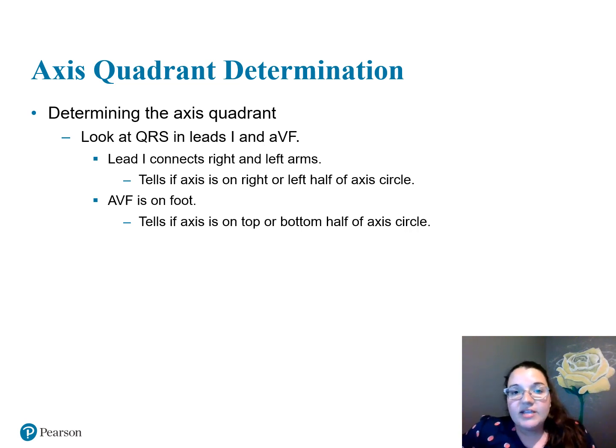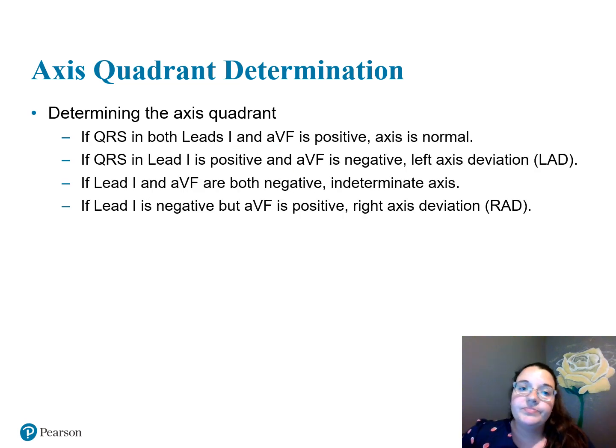Again, you look at the QRSs in lead 1 and AVF. Lead 1 connects right arm to left arm, and it tells if the axis is on the right or left half of the circle. The AVF is the foot, and it tells if the axis is on the top or bottom half of the axis circle.